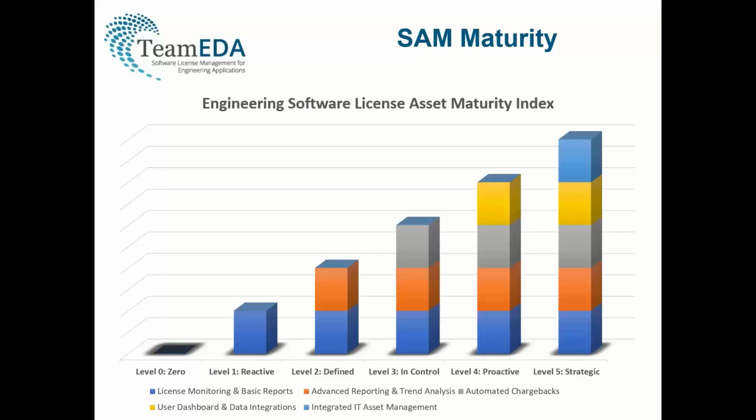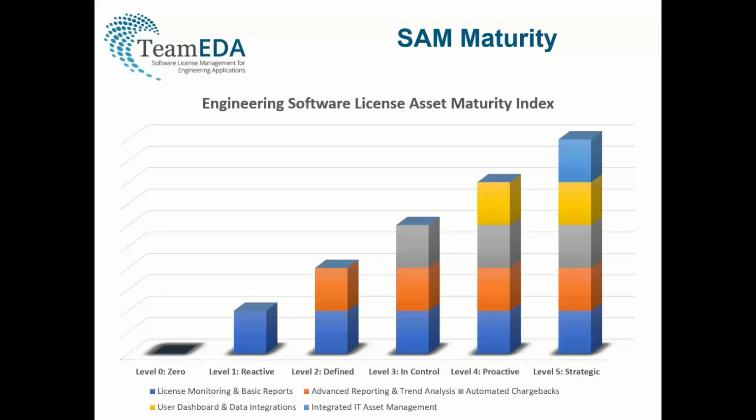The next level up, which I call reactive, is where somebody says, I can't get a license, and reactively the software administrator will go in, see who's got the license and sort out that predicament. Or they're doing some kind of ad hoc licensing reporting.